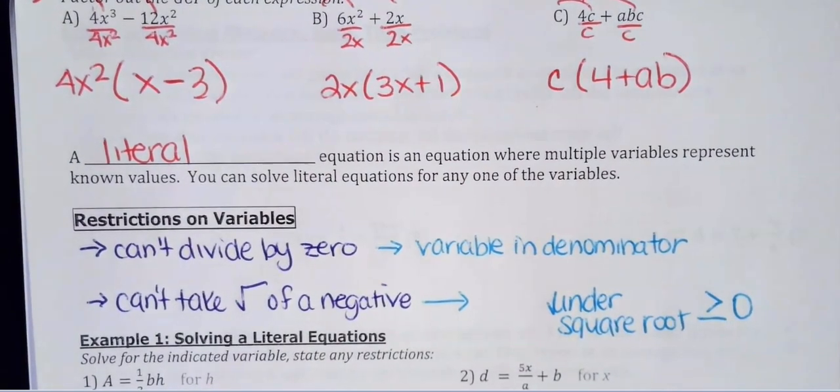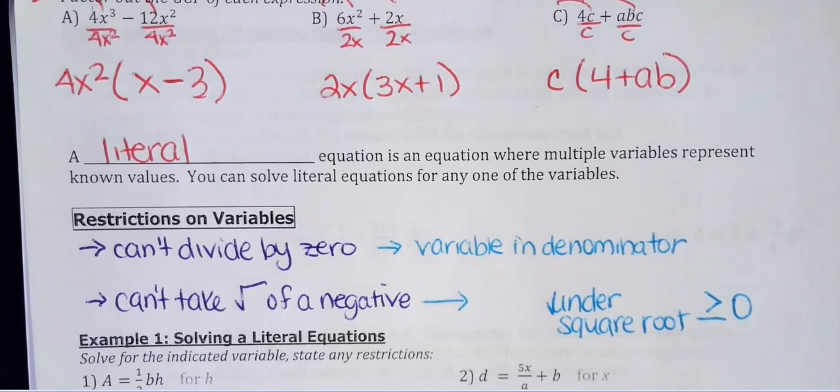So if you end up with a square root, you literally just copy whatever the expression is under that square root and set it greater than or equal to 0. That means it would be 0 or bigger, so just positive numbers and 0. It is okay to take the square root of 0. Really, the one we're going to see the most today is that first one I wrote down. So we're going to start going through some of these in our example here.